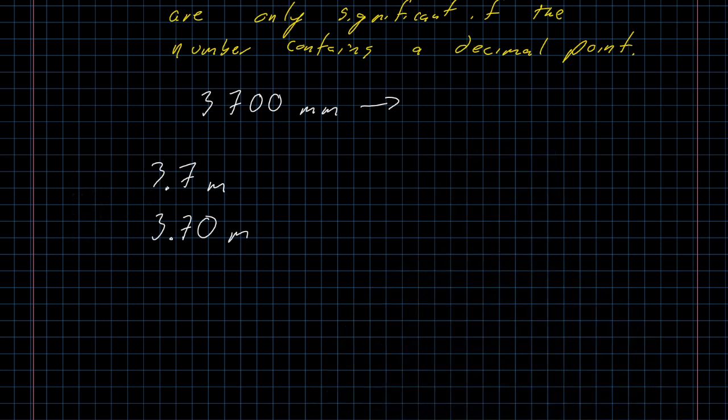All right, so 3.7 meters has 2 sig figs and is precise to the tenth of a meter. So when I write down 3.7, I mean something that's bigger than 3.6 meters and smaller than 3.8 meters.